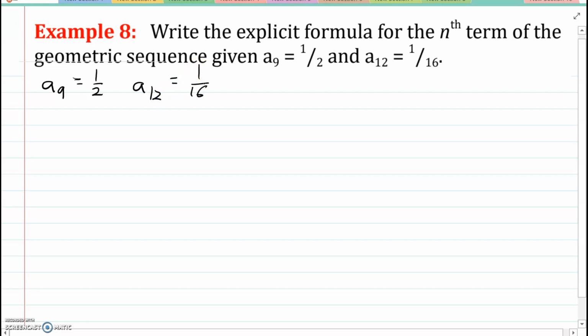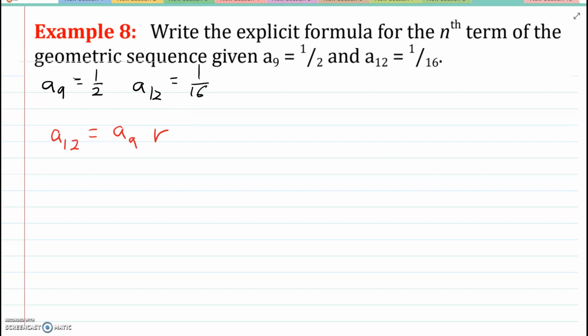Once again, I'm going to use that kind of modified version of your explicit formula. Say that a sub 12 is going to be equal to a sub 9 times my common ratio. And again, please notice what the difference is between 9 and 12. That's how many times I'm going to need to multiply that out. So I'm going to say that that's going to be r to the third there.